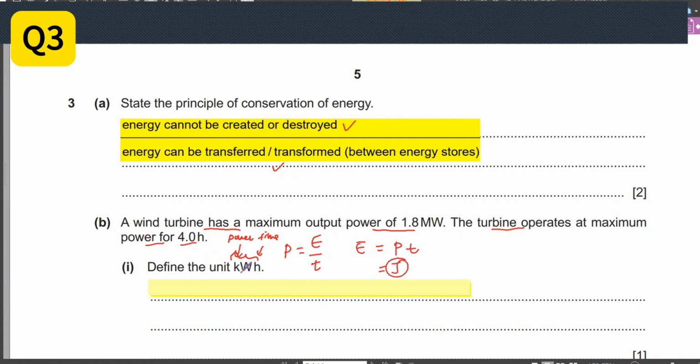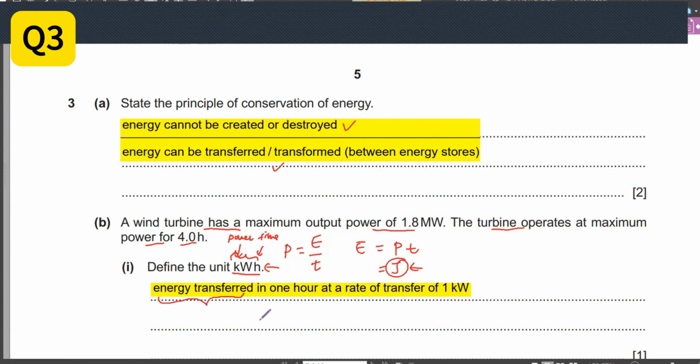But in some situations we will use kilowatt hour, which is a suitable unit for certain situations. So sometimes we use joule, sometimes we use kilowatt hours. So how do we define this? This is the energy transferred.